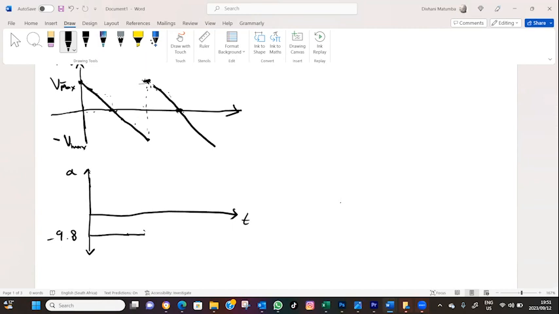As soon as it reaches that point, it's a very quick jump. However, the acceleration comes back quickly to the original position.